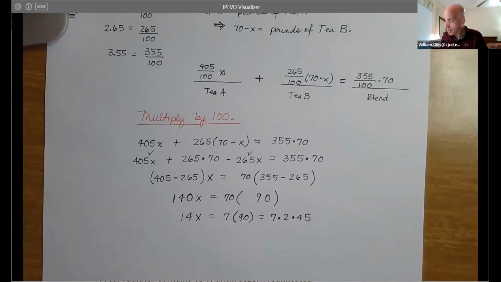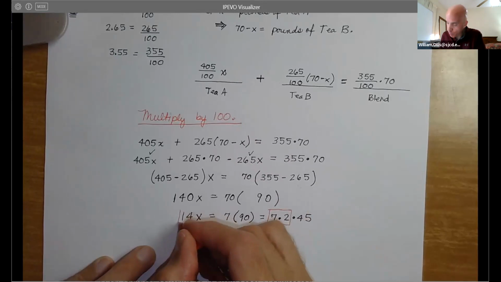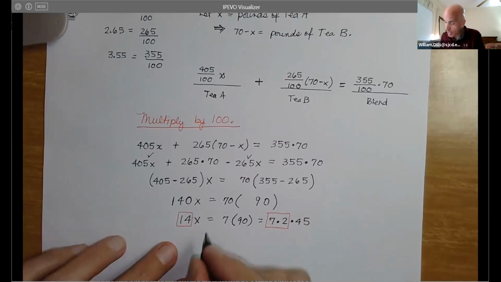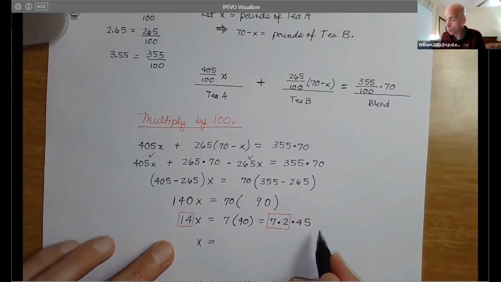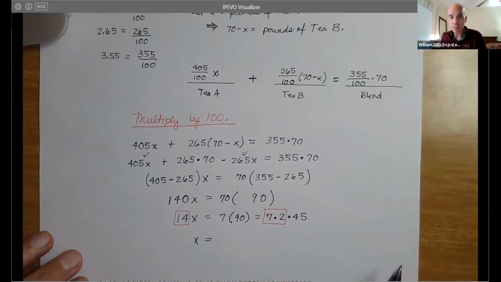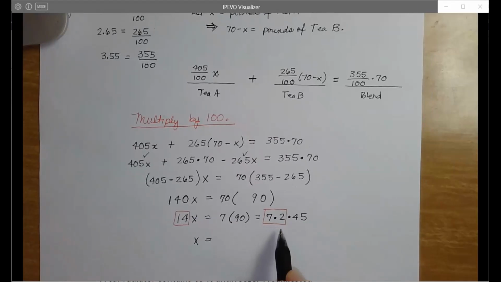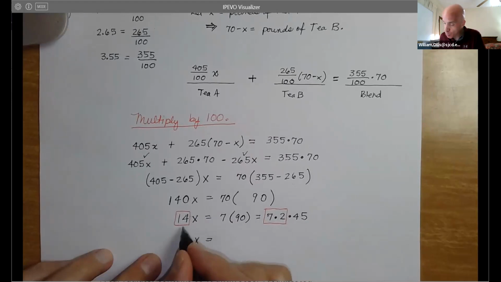Now, you see, this is a 14 and this is a 14. So when we divide by 14, we're left with x. And somebody tell me, when we divide this by 14, what do we have left? Yeah, improper fraction, maybe. But if we divide 7 times 2 times 45 by 14, let me just write it out.